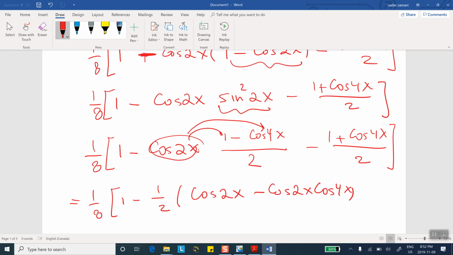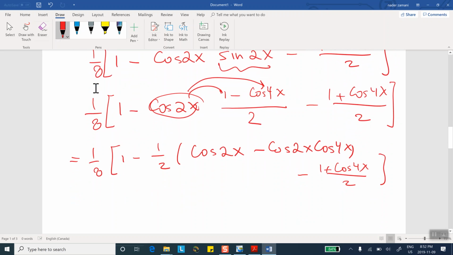And then this last term, minus 1 plus cosine of 4x divided by 2. Now, there's no reason for me to go and algebraically clean this, because look at all the powers. All the powers of cosine are 1. We managed to do it. But it could be that the answer in the back of the book, they do a cleanup of this and finish the problem.